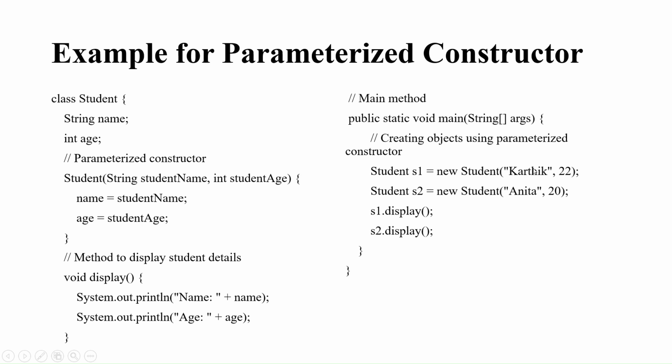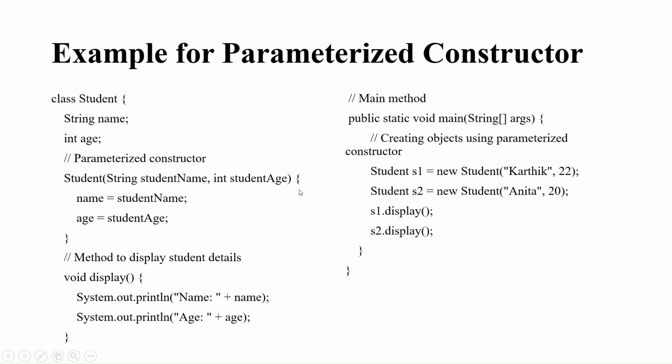So in a parameterized constructor, we need to provide the parameter values when we are creating the object. So if I want to have one more object S2 and I want to pass another set of values, that is Anita and 20. So these two lines automatically execute the constructors.